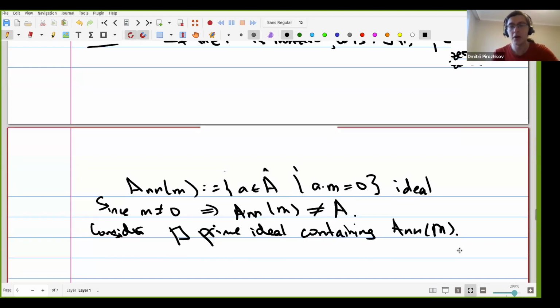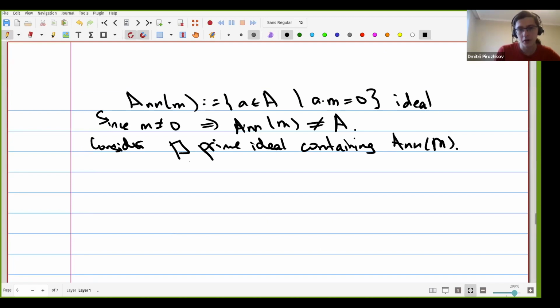So it exists by the same variant of Zorn's lemma that we discussed. We can just look at all ideals containing this annihilator. We know that there is at least one proper ideal, which is the annihilator itself, and look at chains of increasing ideals and take the maximal among them, and it will actually be a maximal ideal, not a prime ideal, but why not?